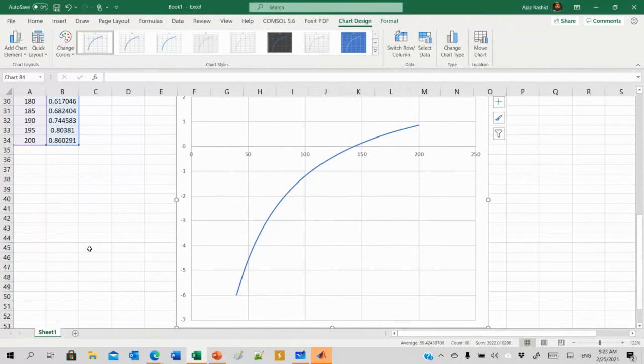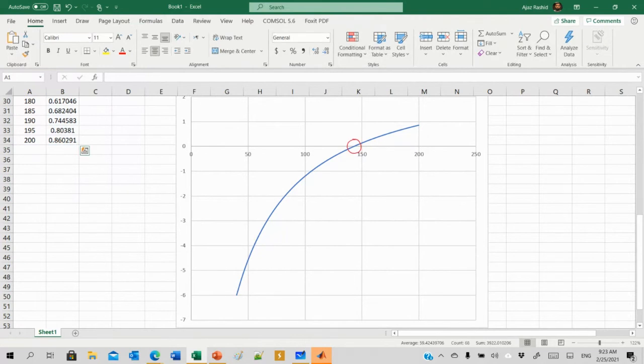The place where it crosses the 0, that is the root of our problem. That's the mass that is required. So that will be the maximum allowed mass.